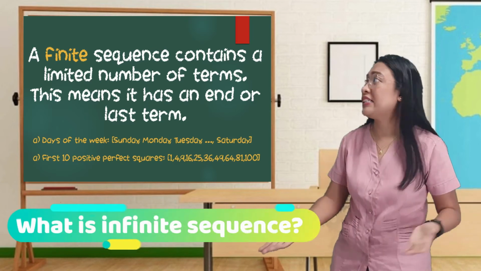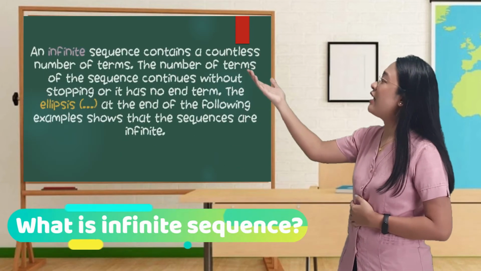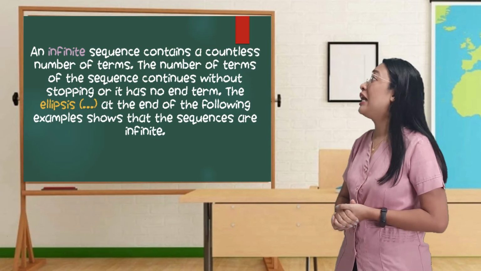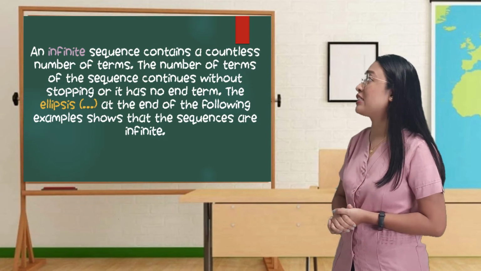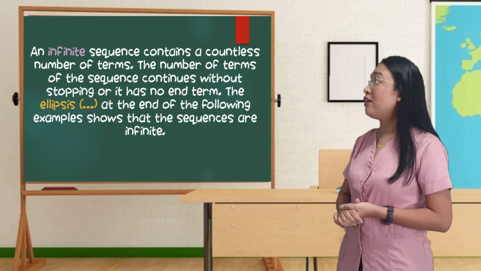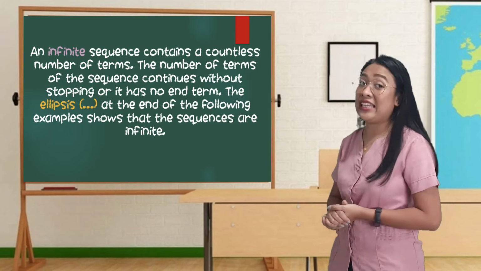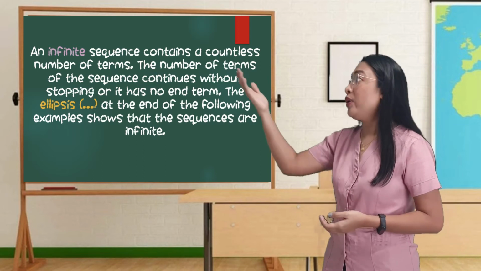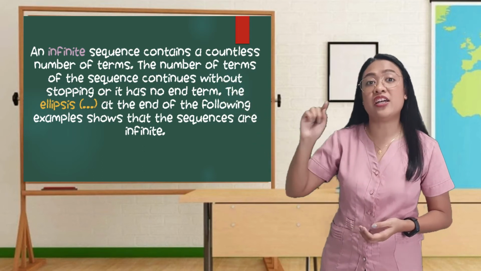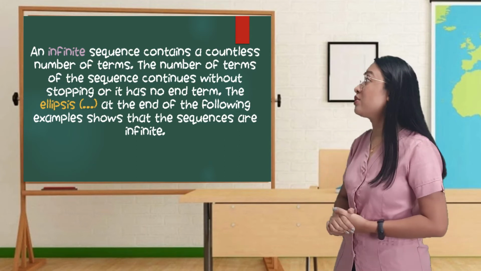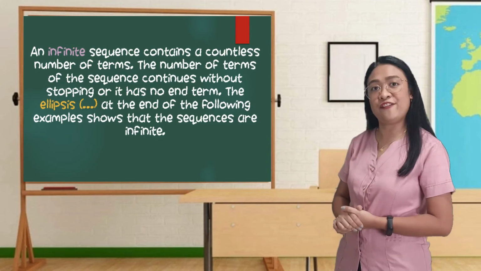Now, what is an infinite sequence? An infinite sequence contains a countless number of terms. The number of terms of the sequence continues without stopping, or it has no end term. The ellipsis, which has a symbol of ... at the end of the following examples, shows that the sequences are infinite.